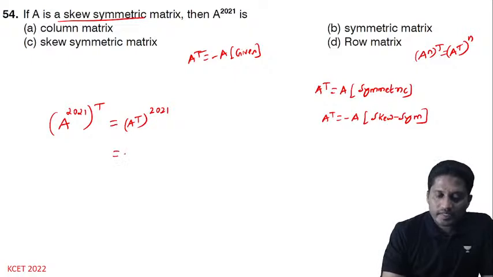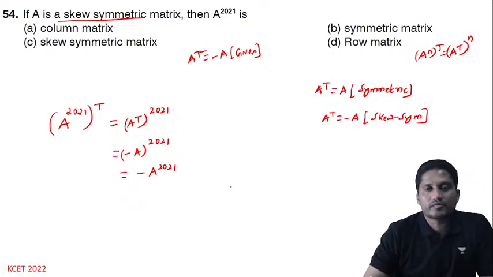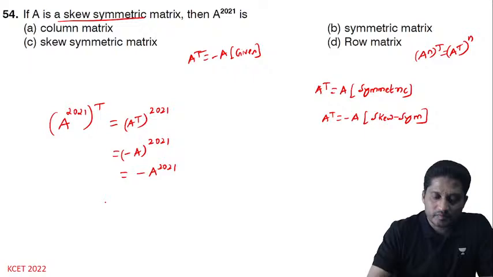A transpose is minus A according to the question, whole power 2021. Okay, minus to the power of 2021 is minus A whole power 2021, which is equal to negative of its own transpose. This means that A to the power of 2021 is skew symmetric.